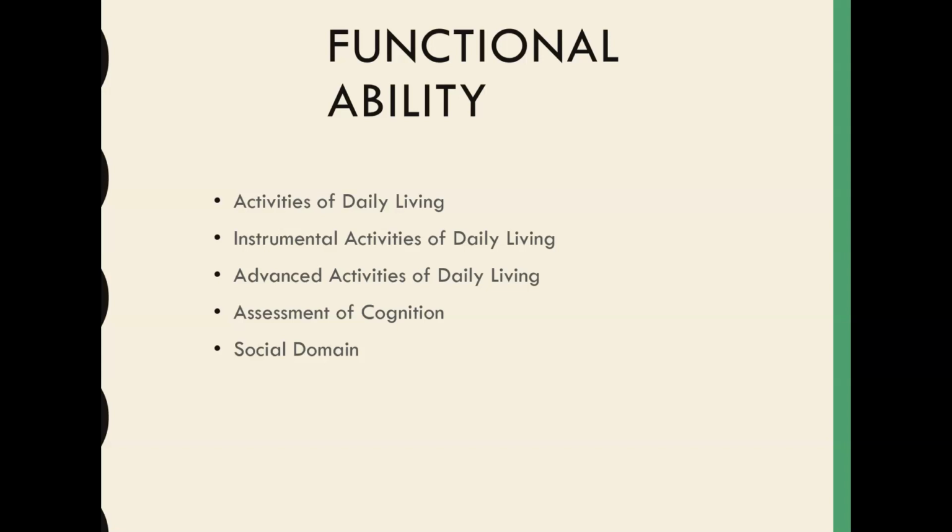And of course, the more points that the client gets on the Lawton, the better for that person. So it's different types of questionnaires that they have as far as older people and how they, I guess you could say, function.